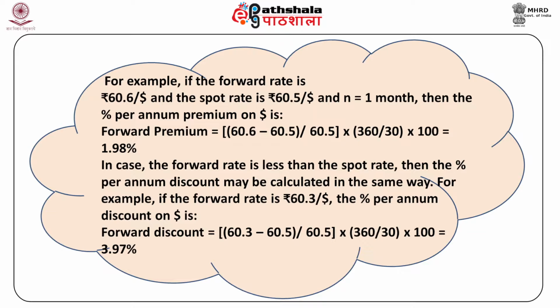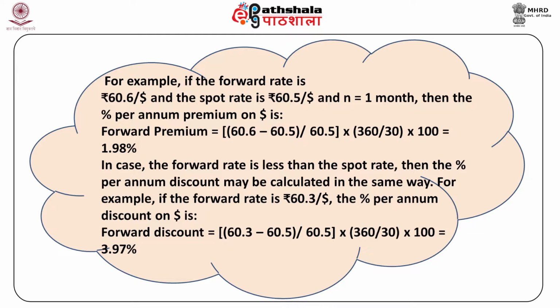So, we get an answer of 1.98%. In case the forward rate is less than the spot rate, then the percentage per annum discount may be calculated in the same way.